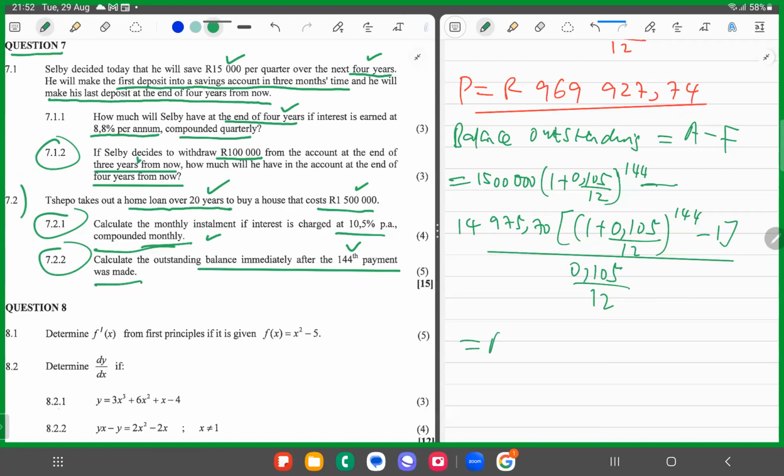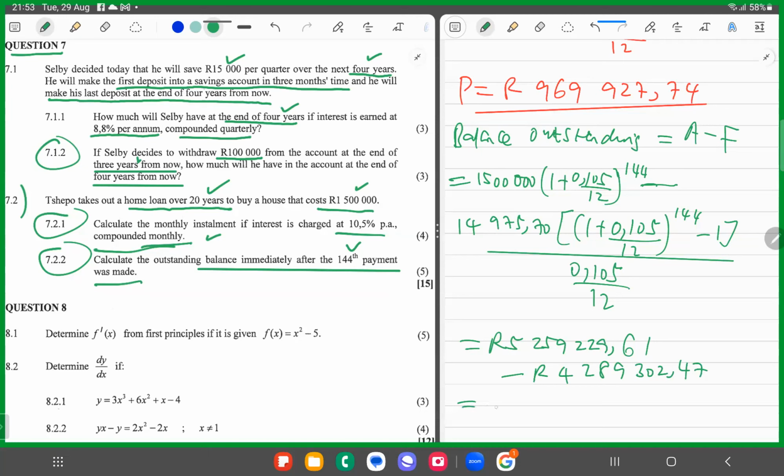So this is going to be 5,259,229.61 minus 4,289,302.47.